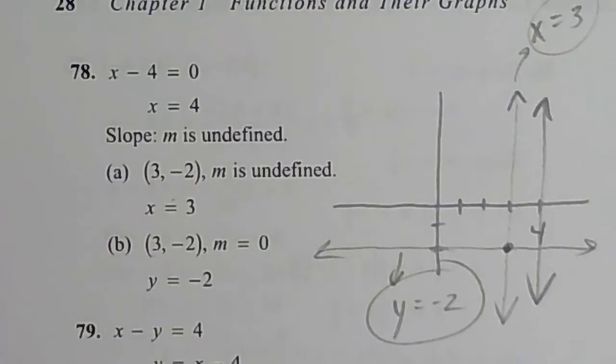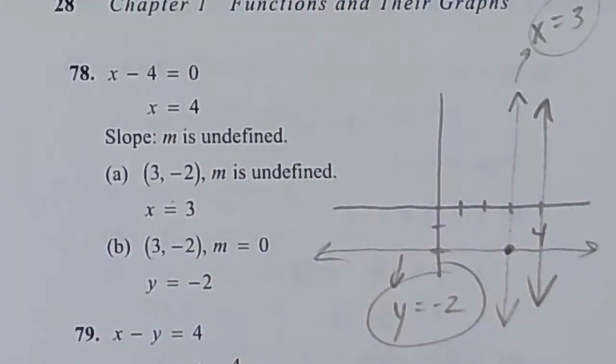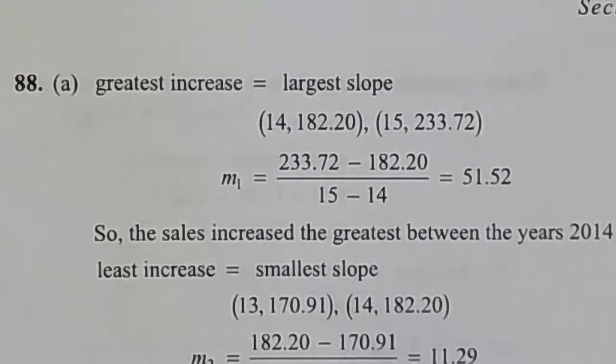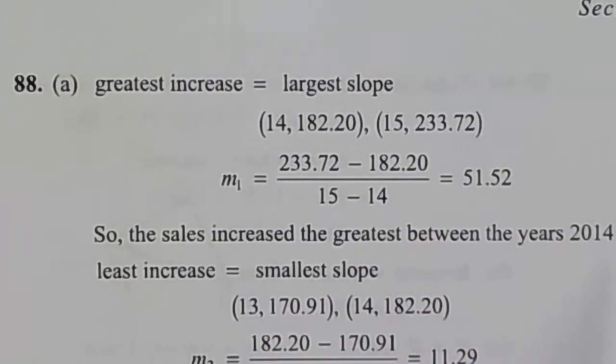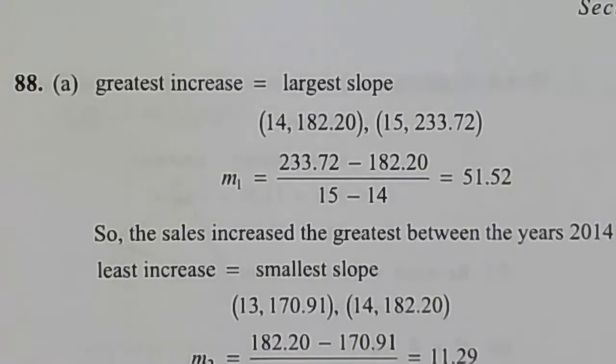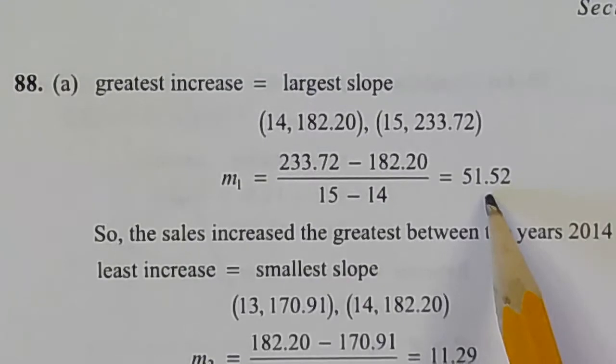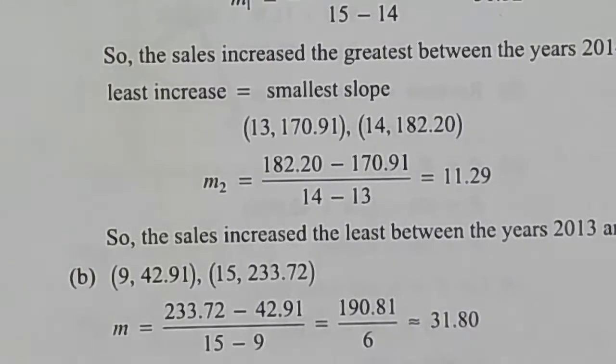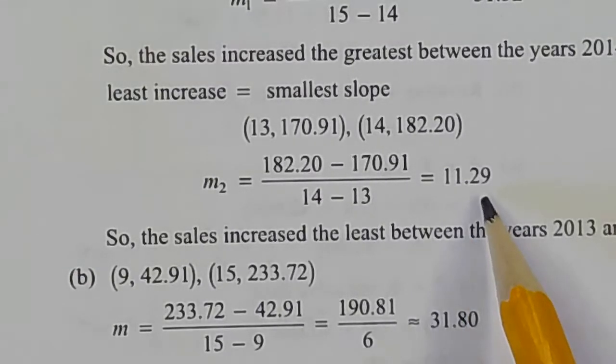Let's see, 88. Interpreting slope. First part, m1 is 51.52. The smallest slope was 11.229.